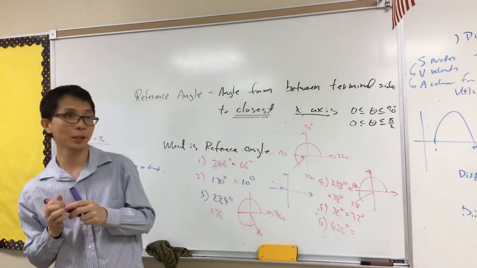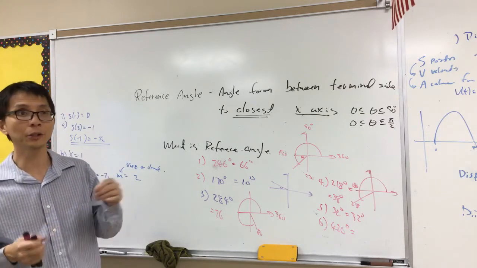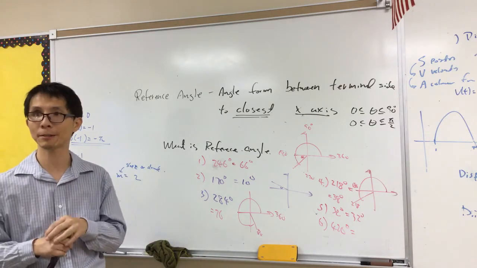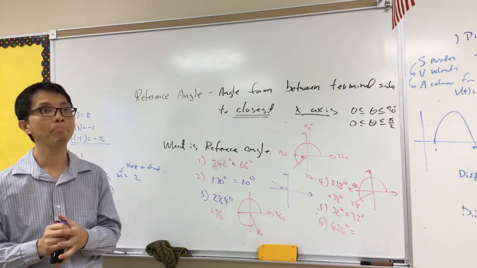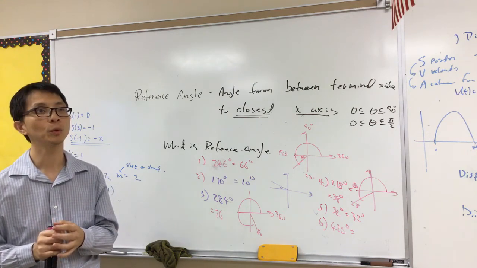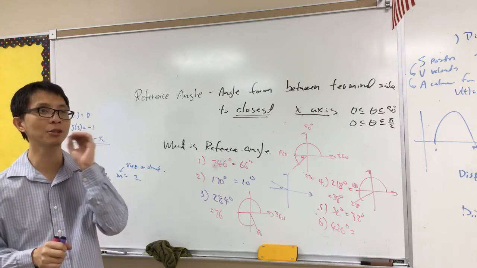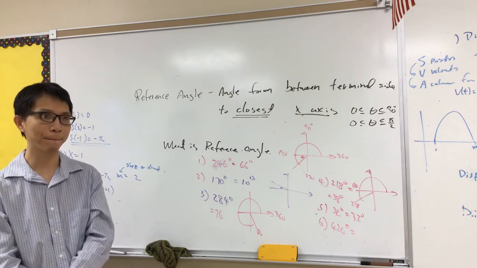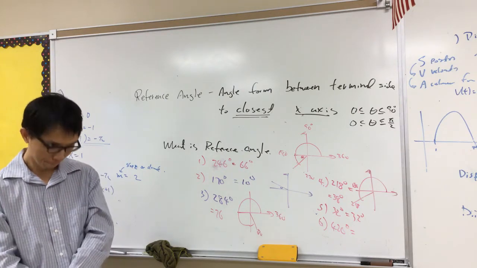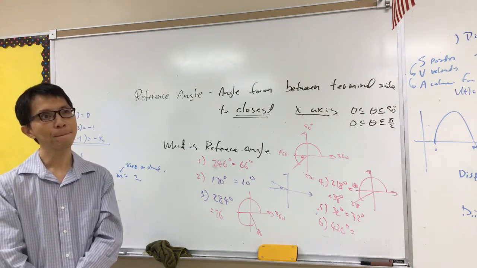Don't do drugs. 420. What do you think the reference angle of 420 is? I'm going to ask Joel to answer this one. What do you think the answer is?